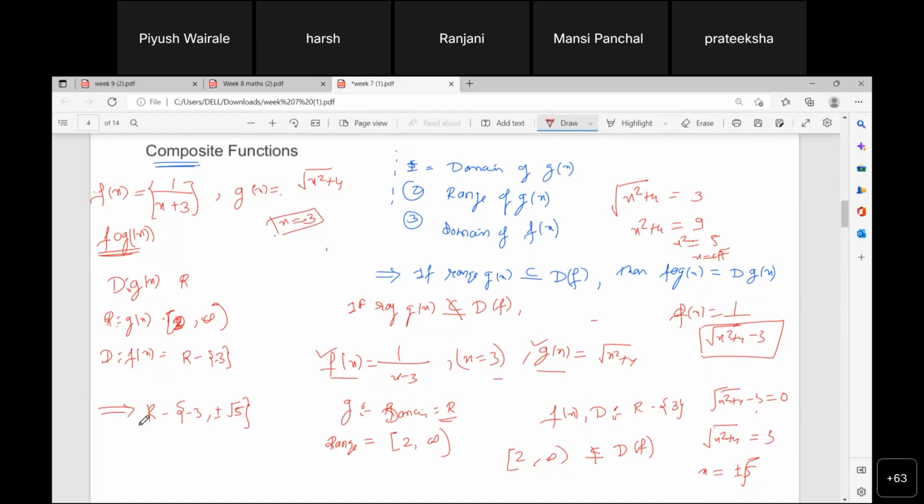So you're talking about the graph only, right? Fog. Yes, fog. See, basically this condition is not satisfied: range of g of x is not a subset of domain of f. So this range will be taken as the input for this particular function f of x.